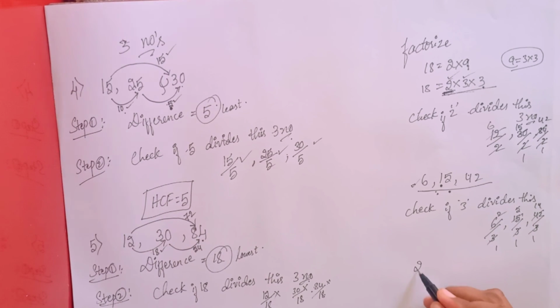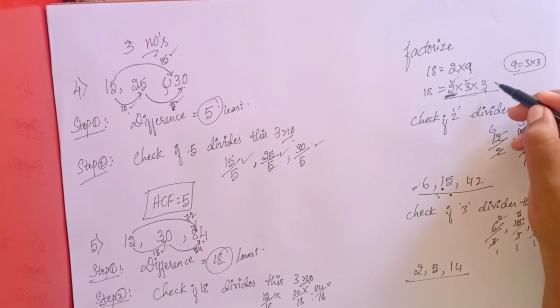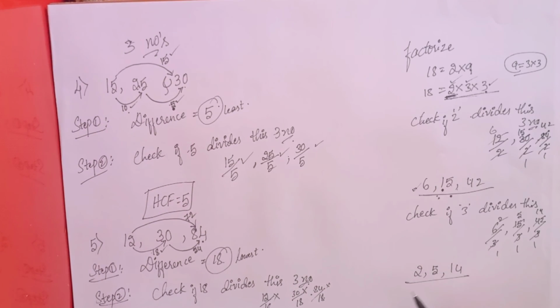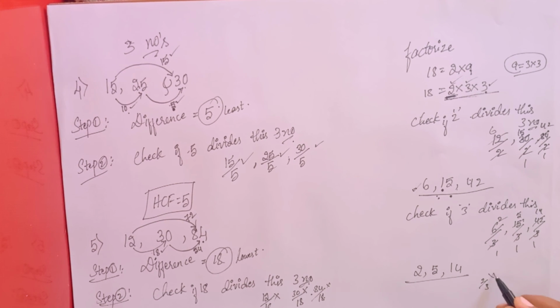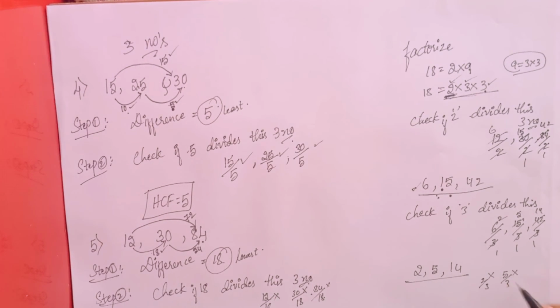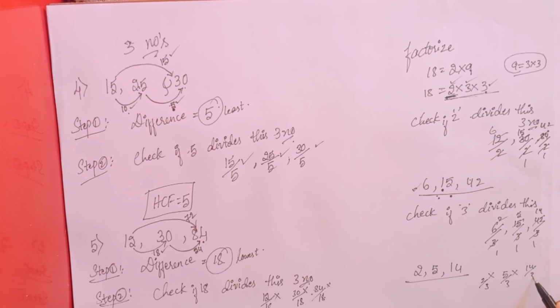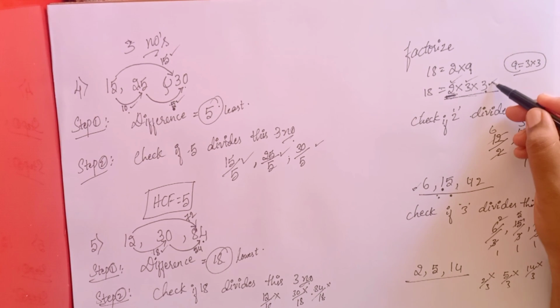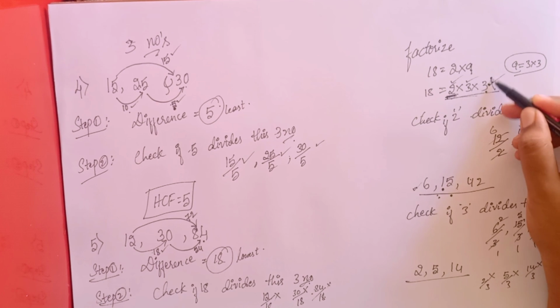So therefore we got the numbers 2, 5, 14. So next, the other 3 is left over, so we need to check. 2 by 3, it's not possible, 5 by 3, it's not possible, and 14 by 3, it's also not possible, so that is not a possible one.